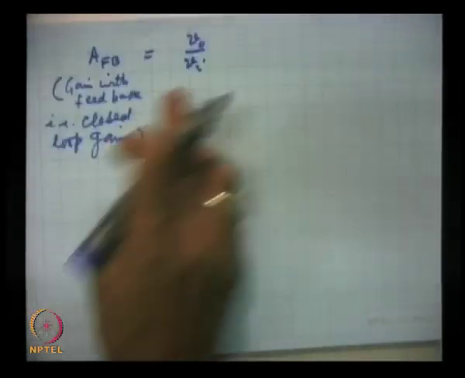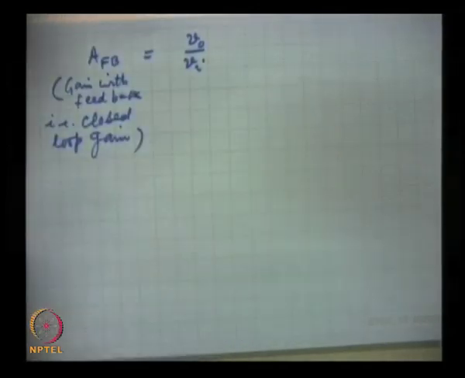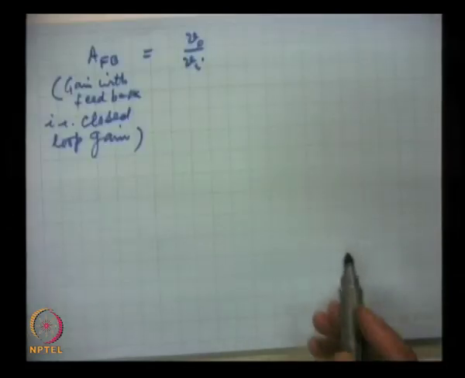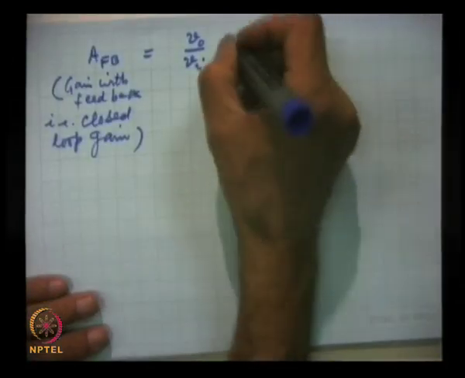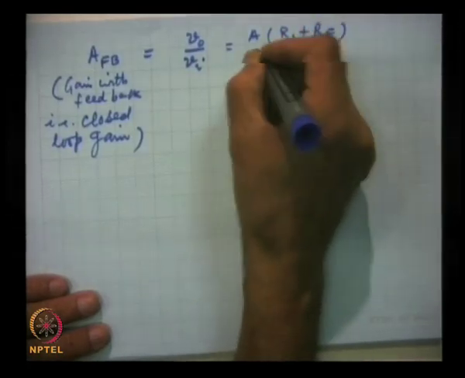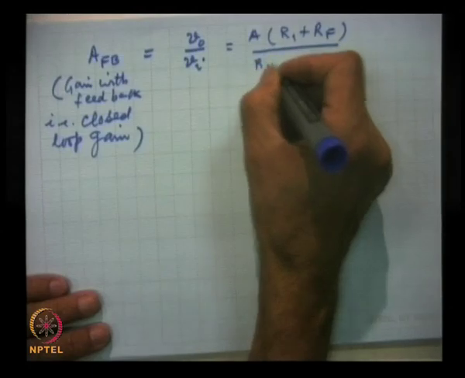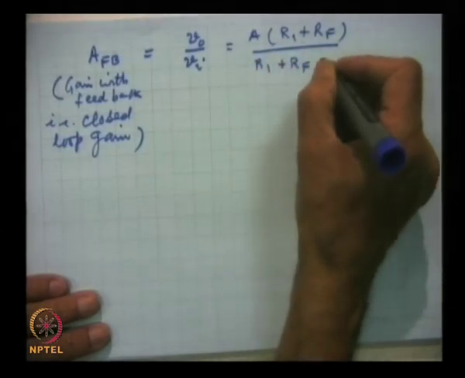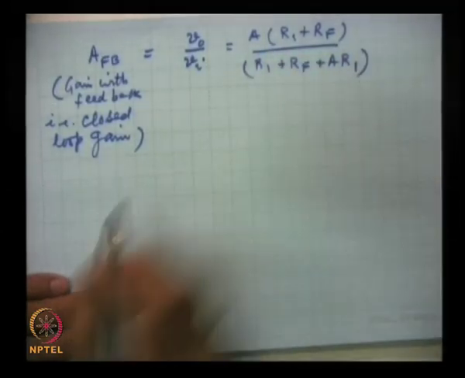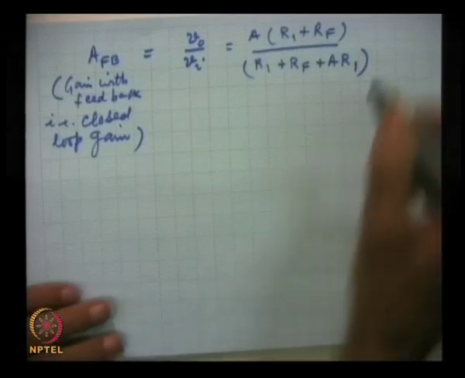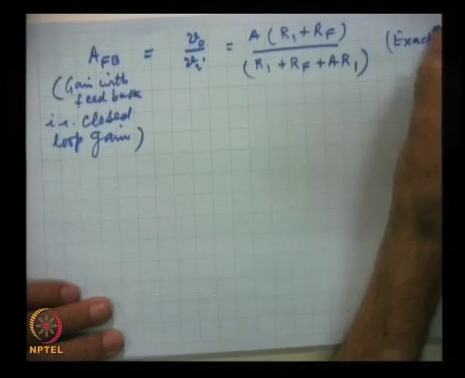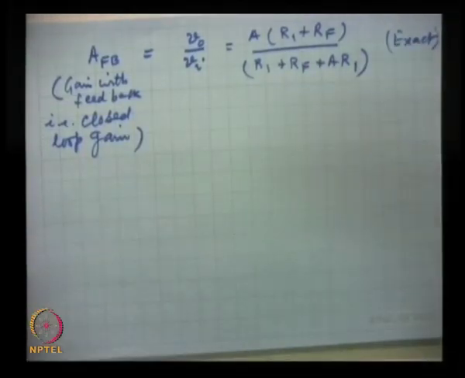For that, this is the gain, and from this equation V0 by Vi becomes equal to A into R1 plus Rf, over R1 plus Rf plus A R1. This is the exact expression for the voltage gain.